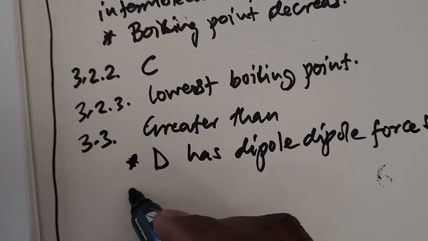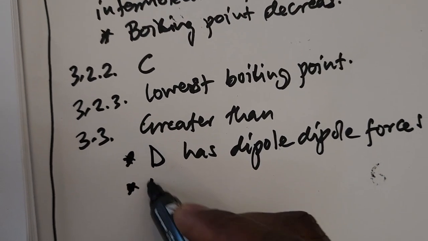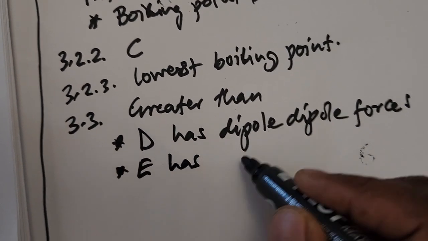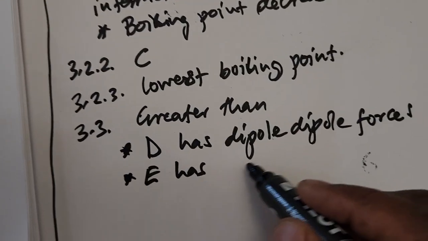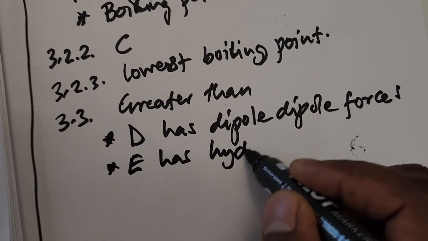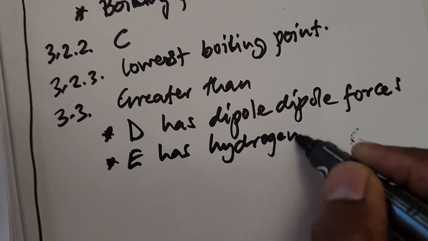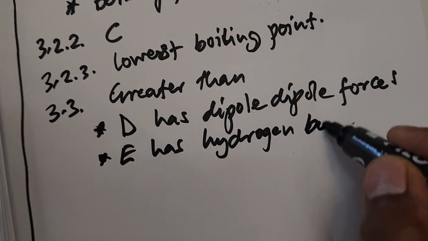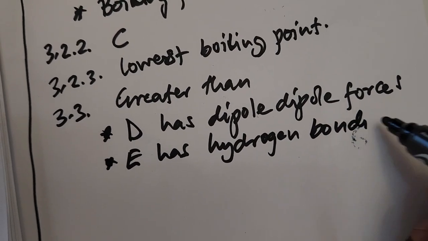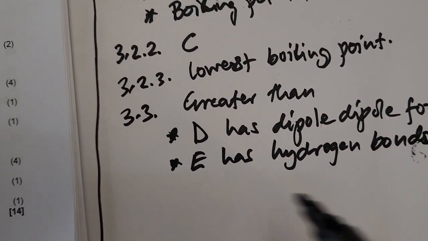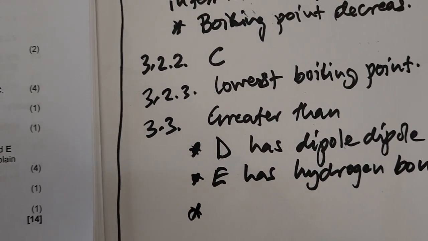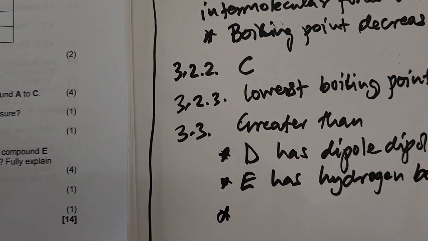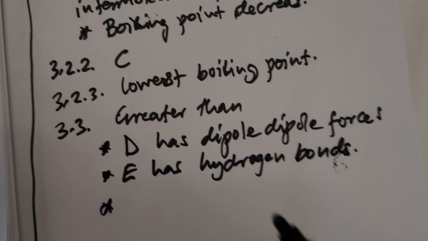And then you can just say E has hydrogen bonding, hydrogen bonds. And then point number 3 will be now comparing the strength of intermolecular forces.